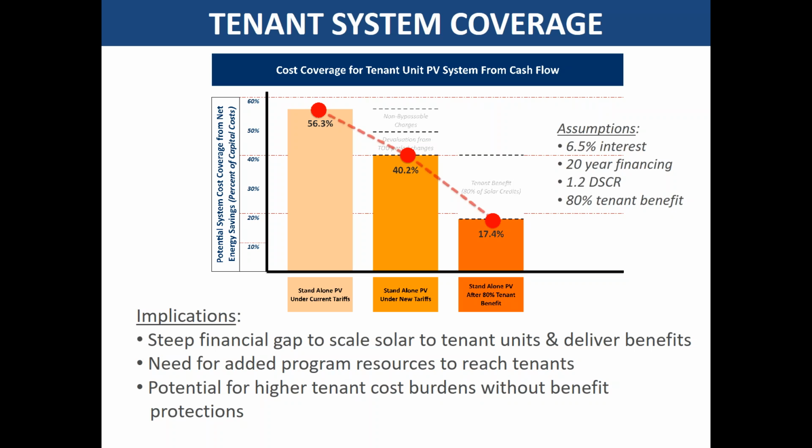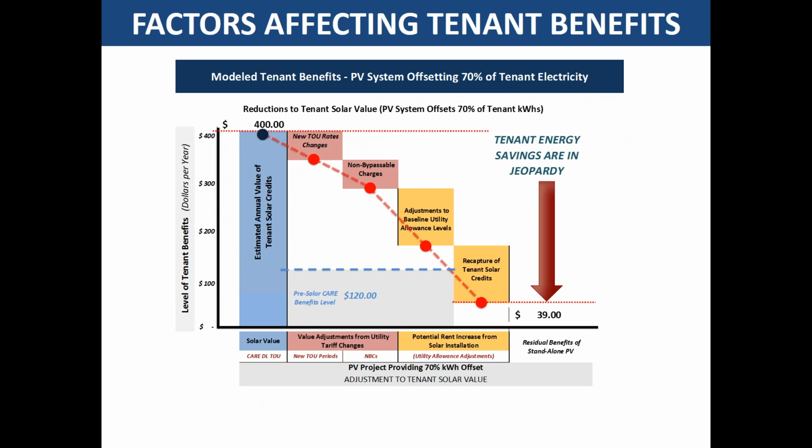around these tenant benefits. Now you might say that, well, 80% is pretty darn generous. Let's reset this to a lower value, but there are still other factors that affect what the tenants actually receive at the end of the day, and these things may also affect what amount of coverage could be expected from tenant energy savings.